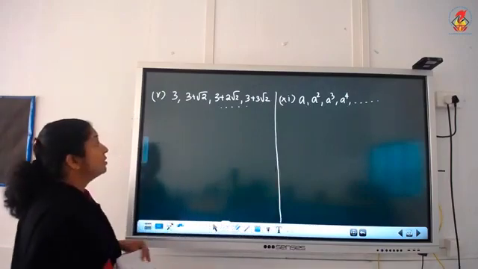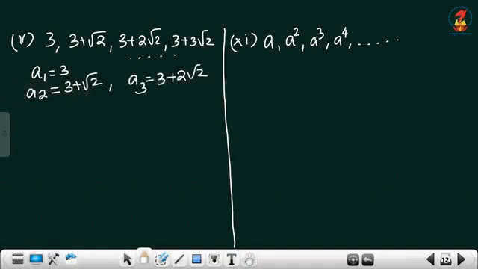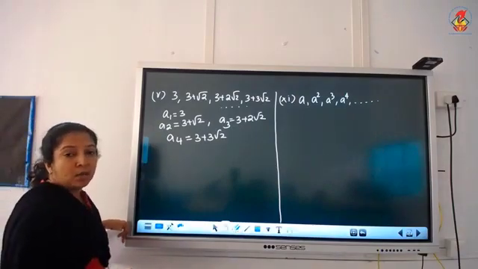Then fifth subdivision, same question. Here A1 is equal to 3, A2 is equal to 3 plus root 2, A3 is equal to 3 plus 2 root 2, A4 is equal to 3 plus 3 root 2. First we have to check whether it is an AP or not.